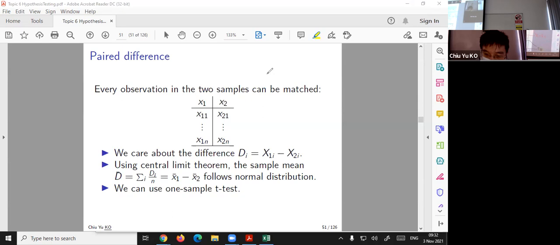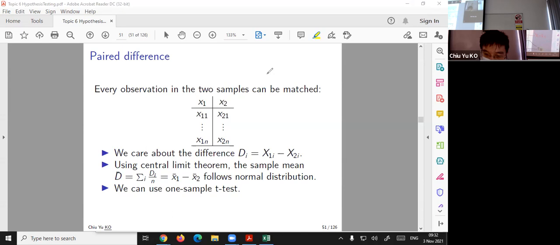Suppose the example is we're looking at how the antibody level changes after taking the vaccine. What we're going to do is collect a bunch of data. Each individual's measurement of the antibody level before they take the vaccine, and on the other side, each individual's antibody level after taking the vaccine.